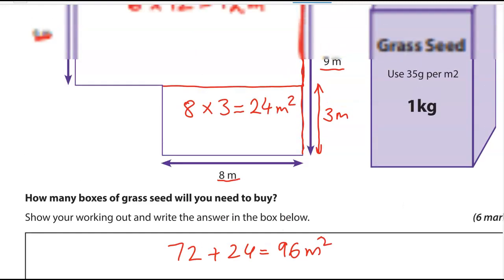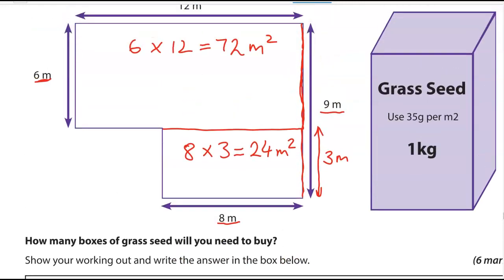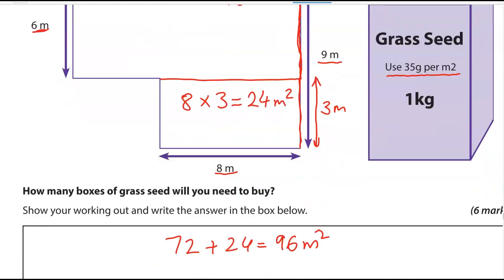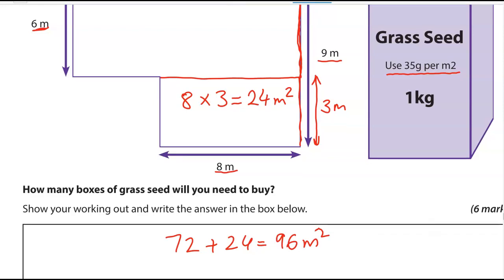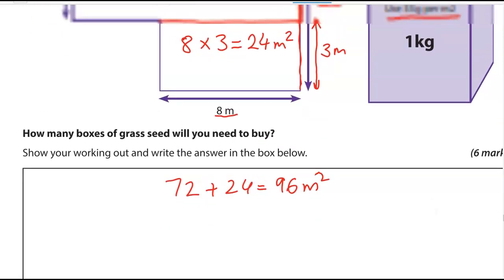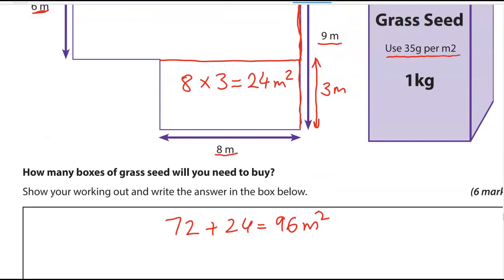The instructions in the pack say use 35 grams per square meter, and there is 1 kilogram of seeds in each box, in each pack. So what we're going to do is multiply 96 by 35 to work out how many grams are needed in total, which gives us 3,360 grams needed in total.